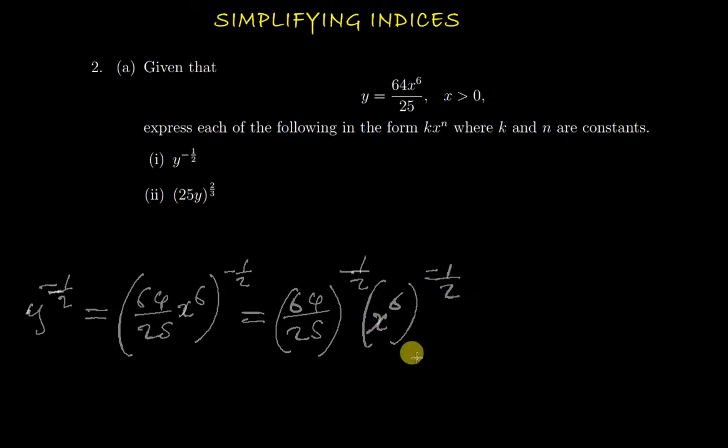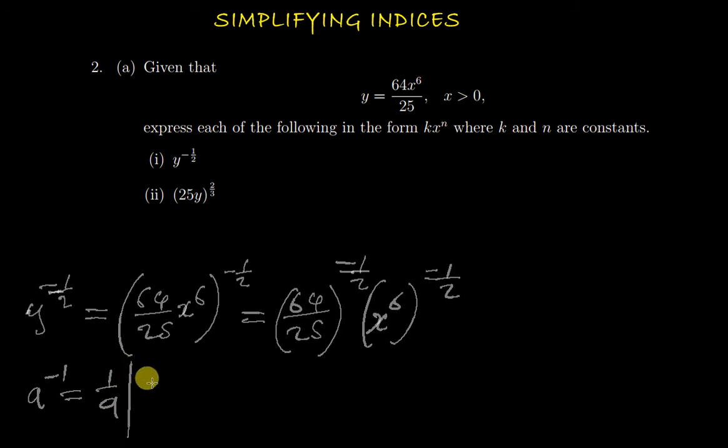Here we can now simplify. Remember, there's a negative in front. Remember what I said in the previous tutorials: anything that is raised to the power negative is just the same as the reciprocal of that.